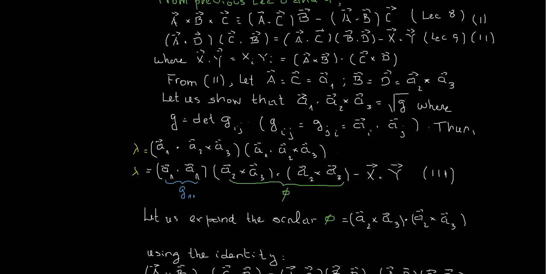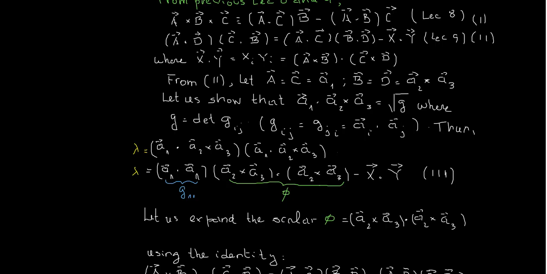Lambda: I will define G11 as the dot product between A1 and A1. Now, this relation here came from relation 2 in lecture 9, where I set A equal C equal A1, B equal D equal A2 cross A3. That's why I want to show this relation.